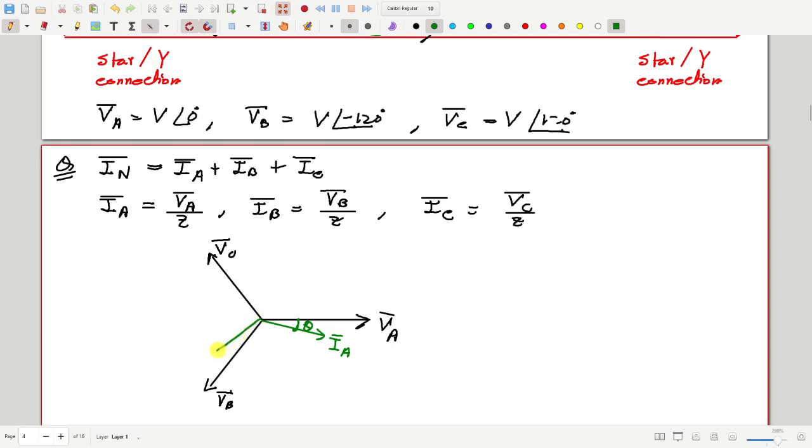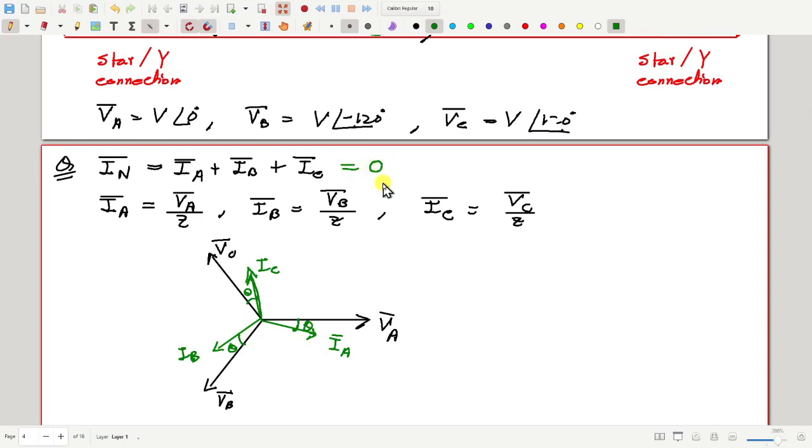Similarly, IB will be here, this angle will be theta, and IC will be here, this angle will again be theta. So we have three phasors of equal magnitude and 120 degree apart. What happens when you add them? They are symmetric, 120 degree apart. Add three vectors. What will be the resultant? Resultant will be 0.